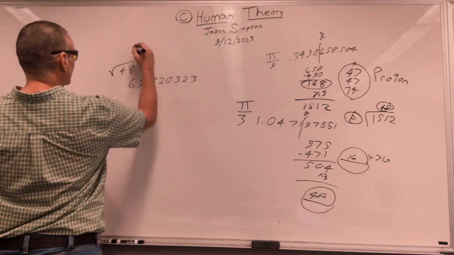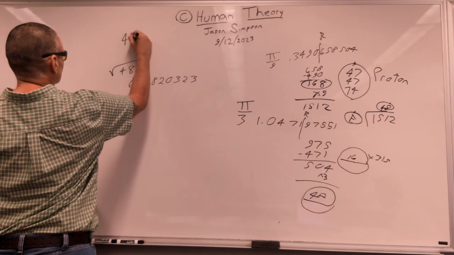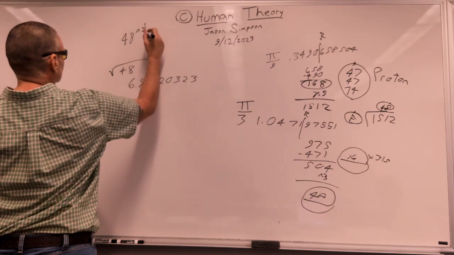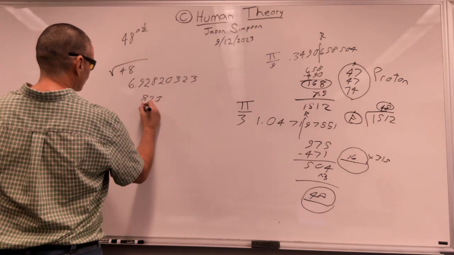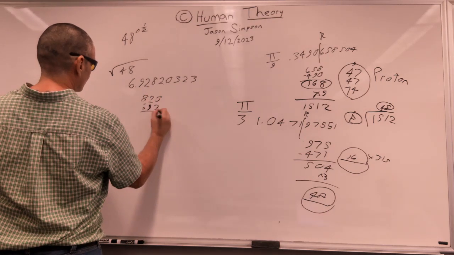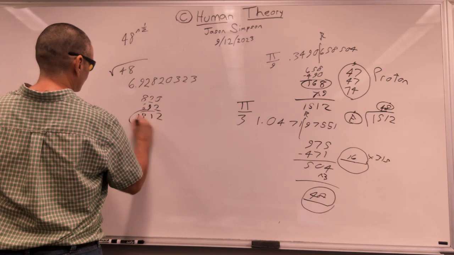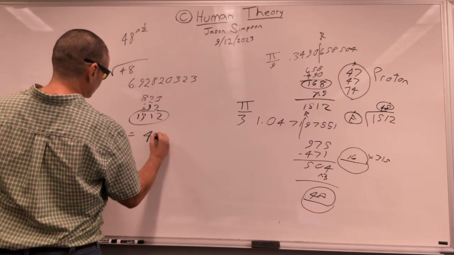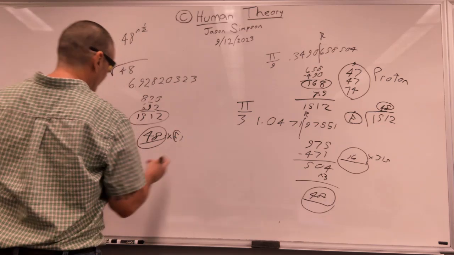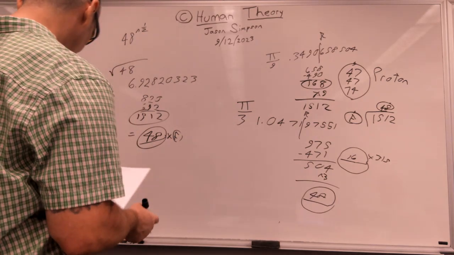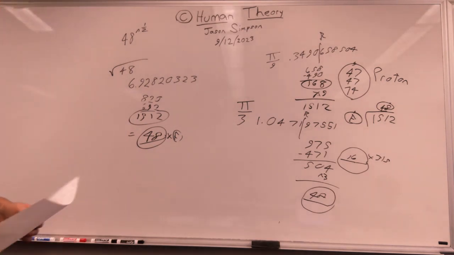We took it basically 48 to the power of 1/2. So we're adding, which equals 48 times my symbol for 315.